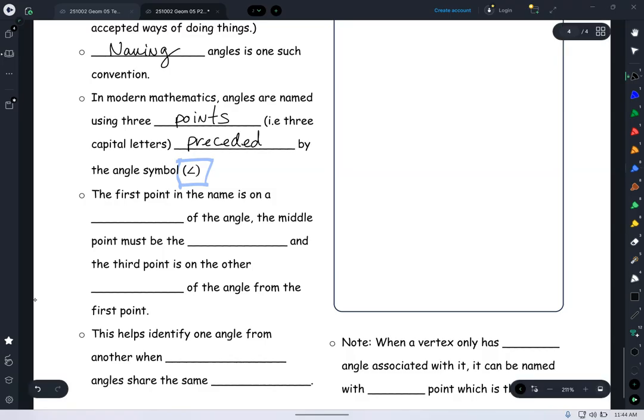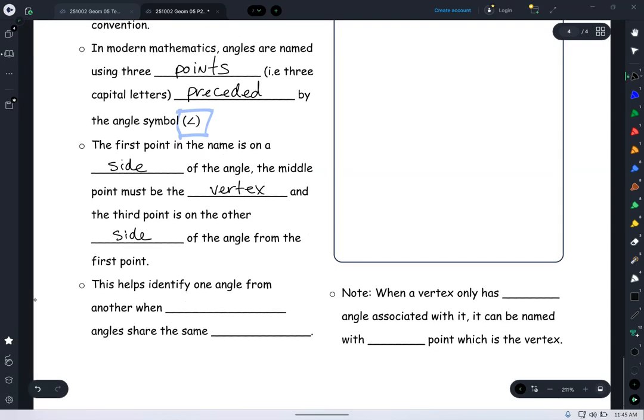All right, now here's some rules for these 3 points. The first point in the name is on a side of the angle. You should know what that is now. We've covered that. The middle point in the name must be the vertex of the angle. And the third point is on the other side of the angle from the first point. So you've got 1 point on a side, 1 point the vertex, and 1 point on the other side.